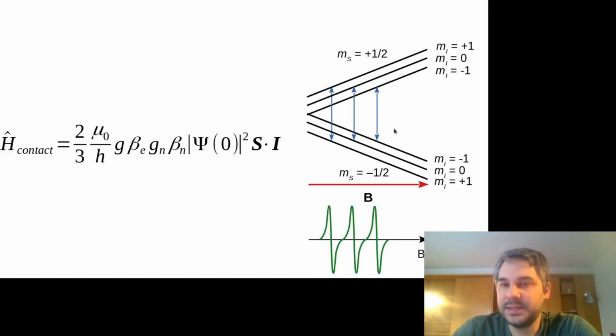There is a certain splitting, and the electronic transitions that we see by EPR, not by NMR, are only between different orientations of the electron spin, but they have to conserve the orientation of the nuclear spin. So when we do EPR, the frequency that we apply to our sample doesn't cause any nuclear transitions.